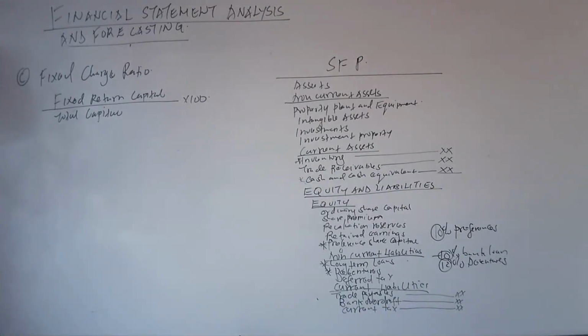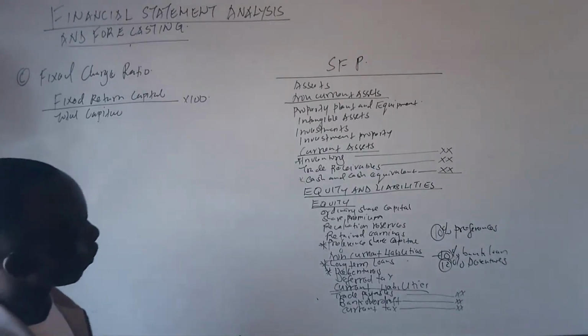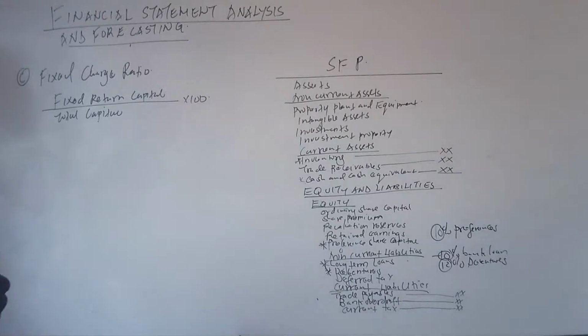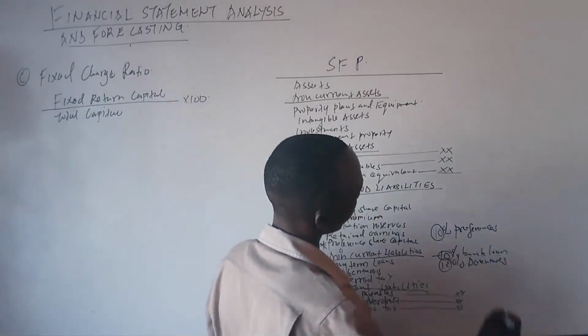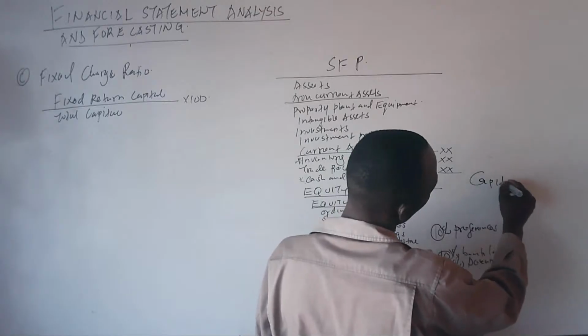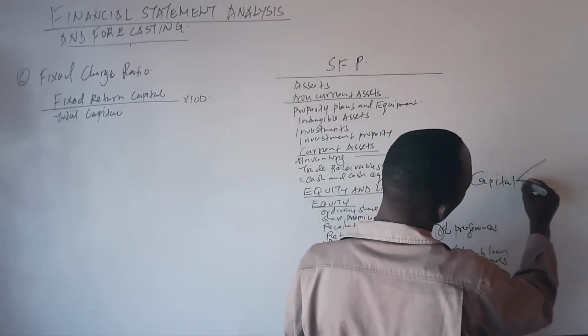The total capital. When we are talking about the total capital, in most cases, we normally talk about equity and what? And long-term debts. Equity and long-term debt. Remember, the capital is what you are using to finance a given company. So when we talk about the capital, you can finance your company using what?